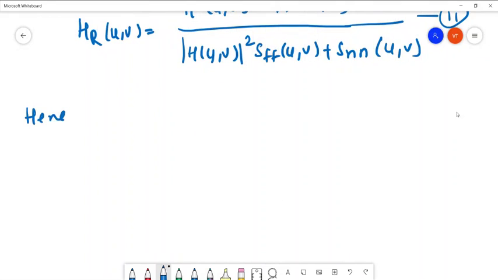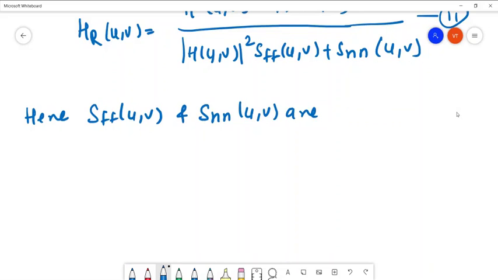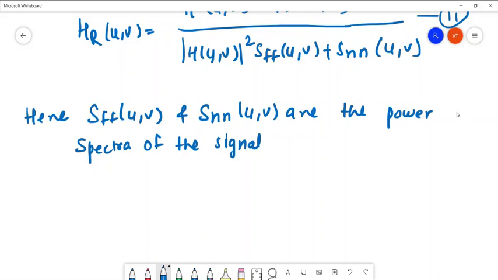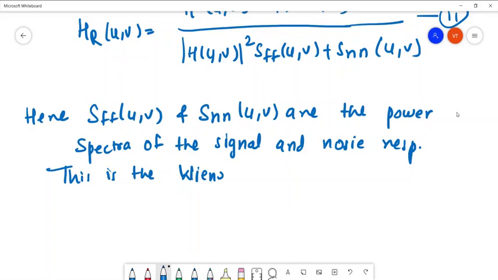Here Sff(u,v) and Snn(u,v) are the power spectra of the signal and noise respectively. So this is the Wiener filter.